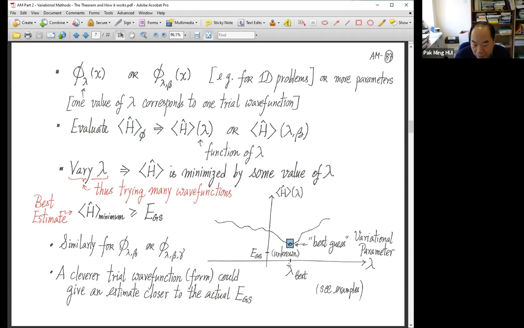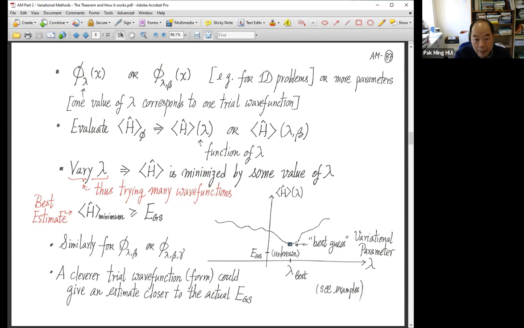That will give a best value of your parameter associated with the best value on the energy, this number, okay? So that is the spirit of the variational calculation. We insert some variational parameters into the trial wave function, okay? So that is the idea.